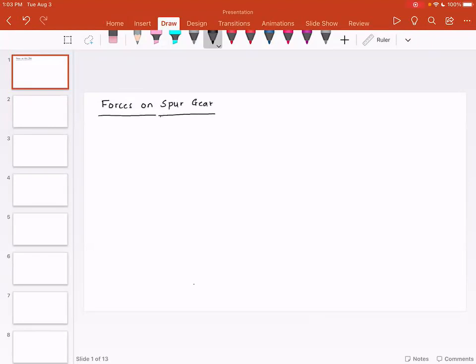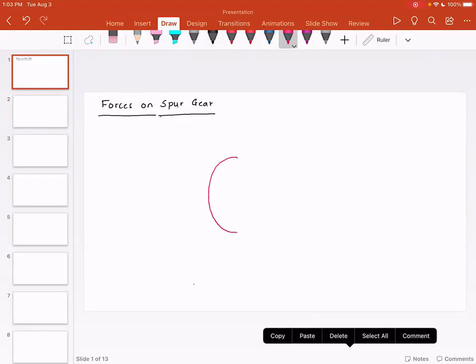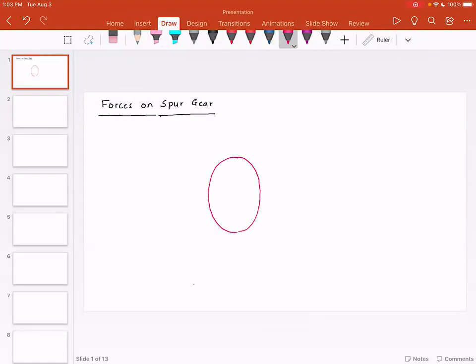Now for that, let me show you a schematic representation of the spur gear. So this is the spur gear, and I'm going to show you the shaft.